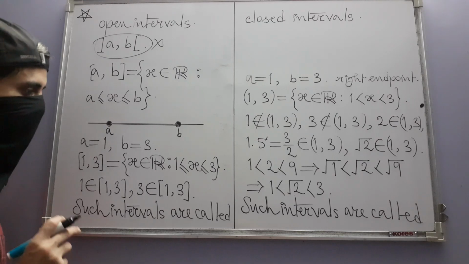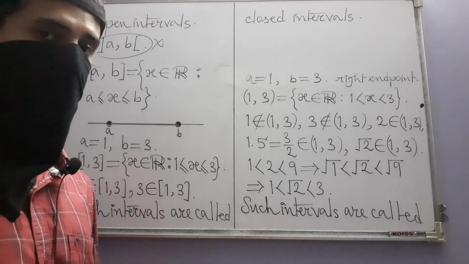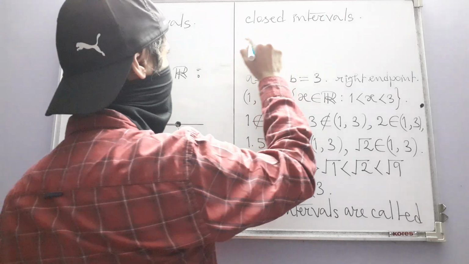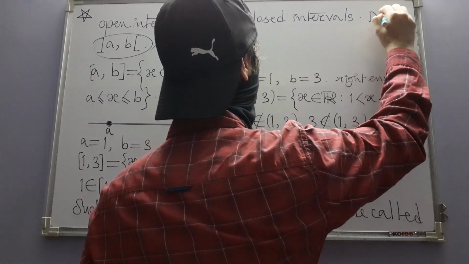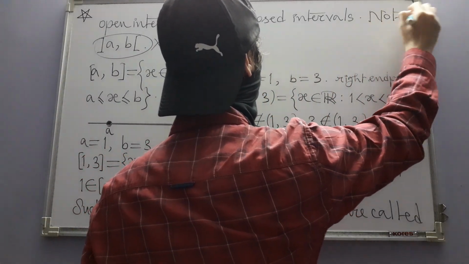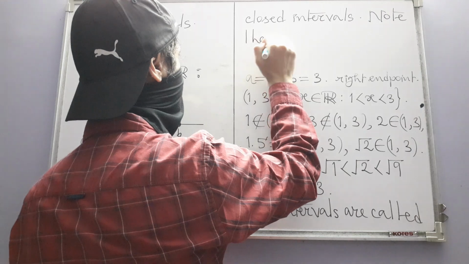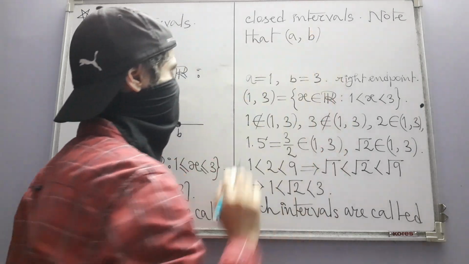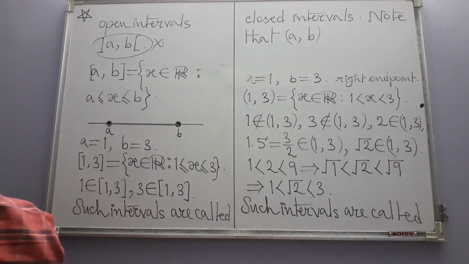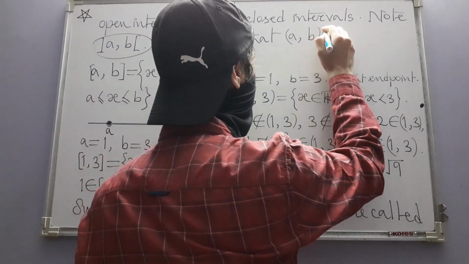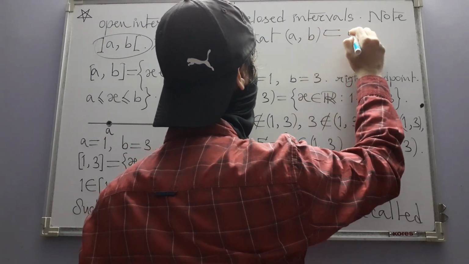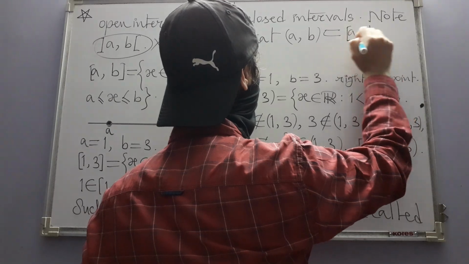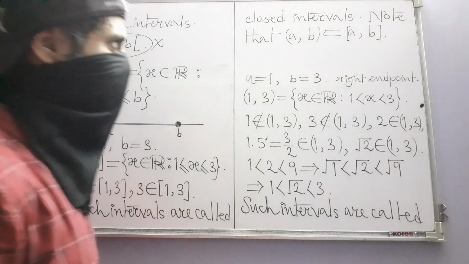Now the observant reader will immediately notice one thing, namely, the open interval (a, b) is a subset of the closed interval [a, b].